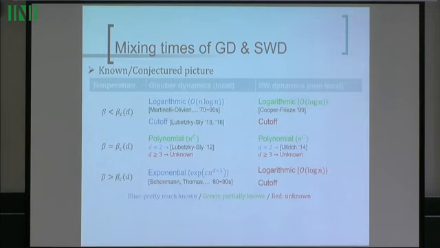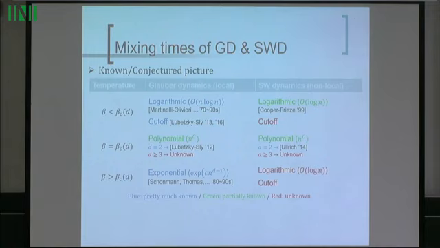And at the critical point, the mixing time is believed to be polynomial, and at low temperature it is known to be exponential. And the Swendsen-Wang dynamics exhibits a similar picture, except that when the mixing time is logarithmic, it should be log n rather than n log n.